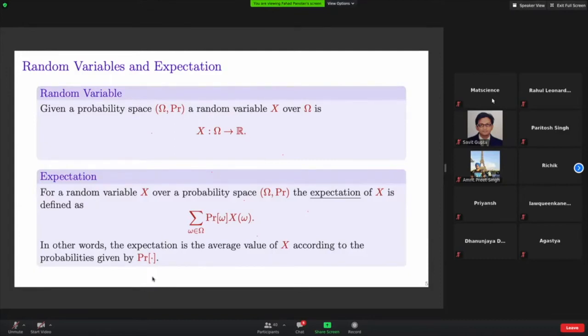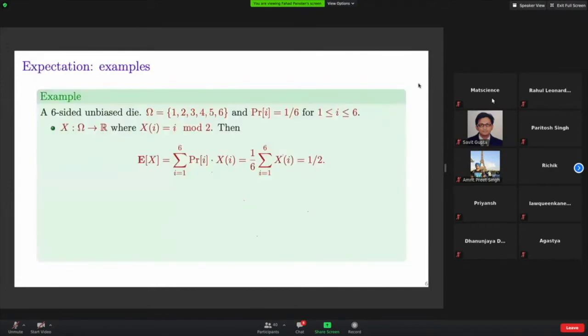X of omega is a number, right? X is a function, so X of omega times probability of omega, summation over all small omega. So expectation is the average value of X according to the weight given by these probabilities.